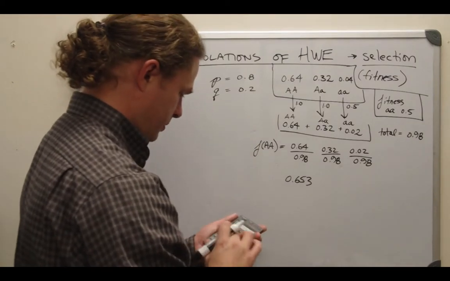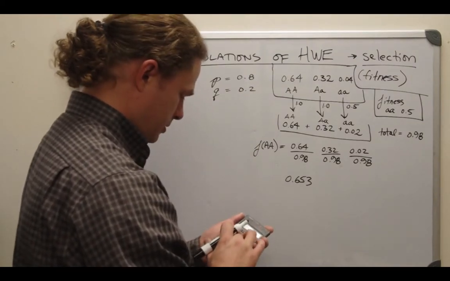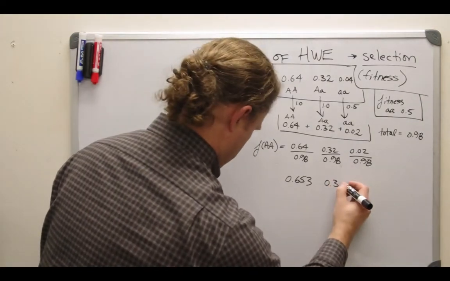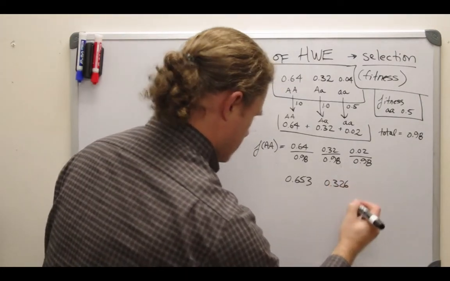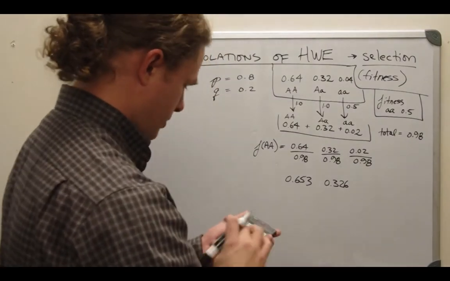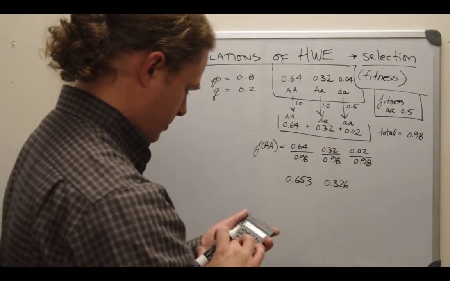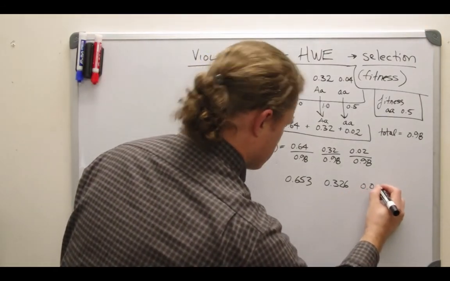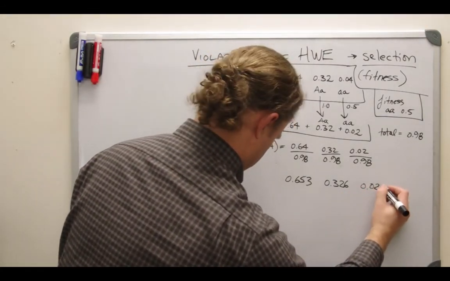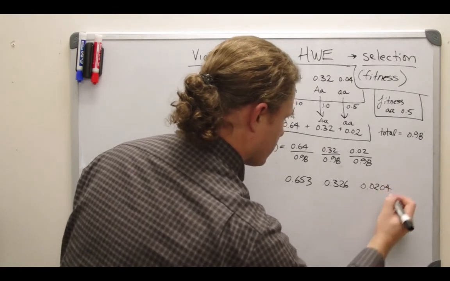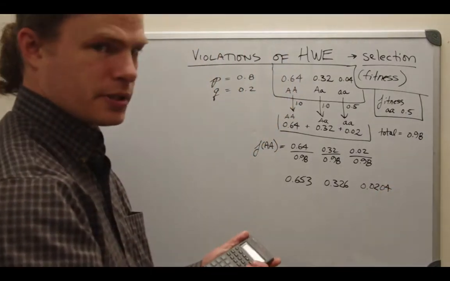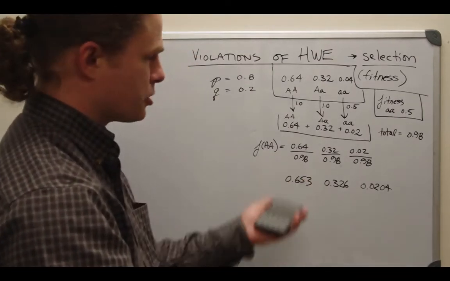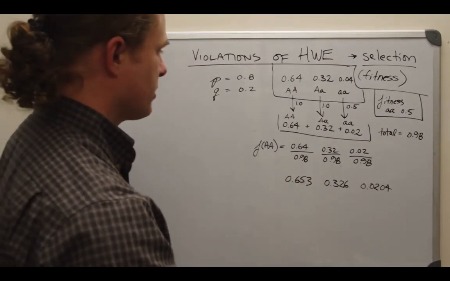Plus 0.32 out of 0.98 is 0.326-ish, somewhere in there. 0.02 divided by 0.98 gives us 0.02 and 0.04. I realize I'm not being consistent with sig figs, but that's okay. For the purposes of what we're discussing, we're just attempting to show a shift in allele frequencies over time.